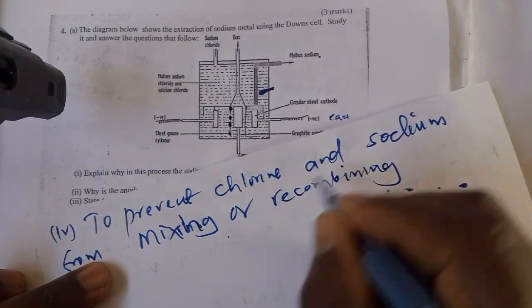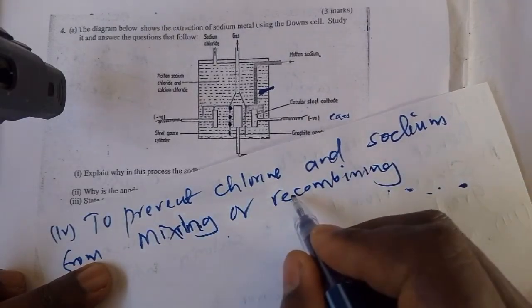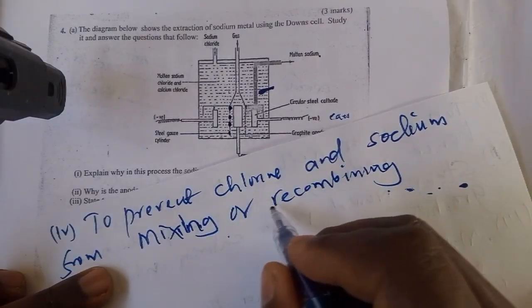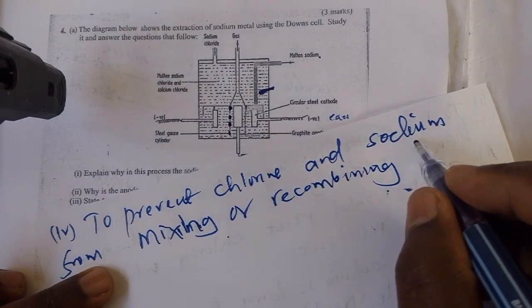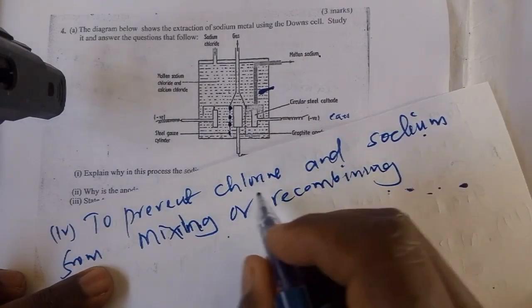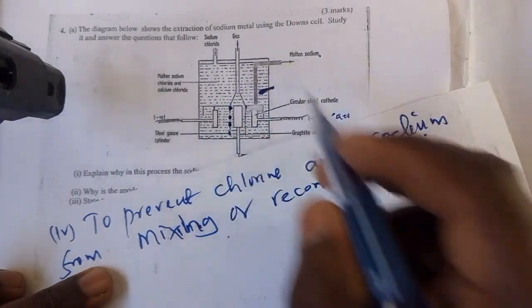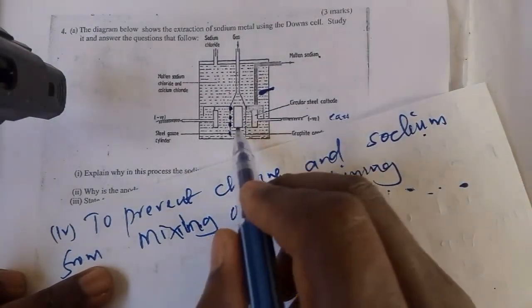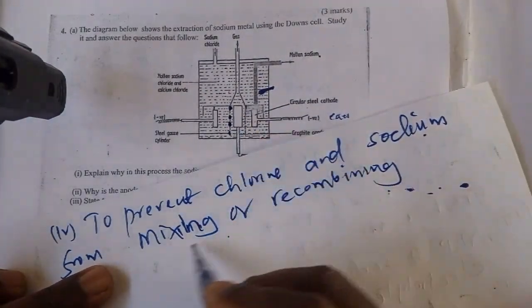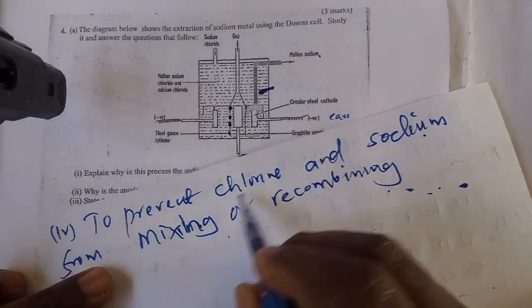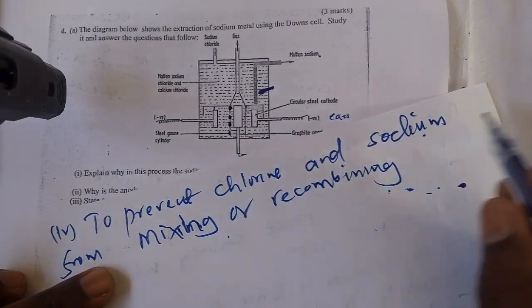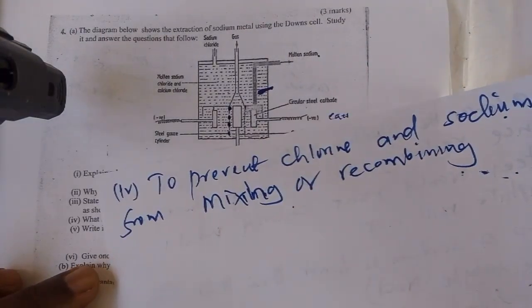So this one is meant to prevent recombining of sodium which has been formed, which has been extracted, and chlorine which is going out here, to avoid any mix-up of the chlorine gas and the molten sodium extracted.